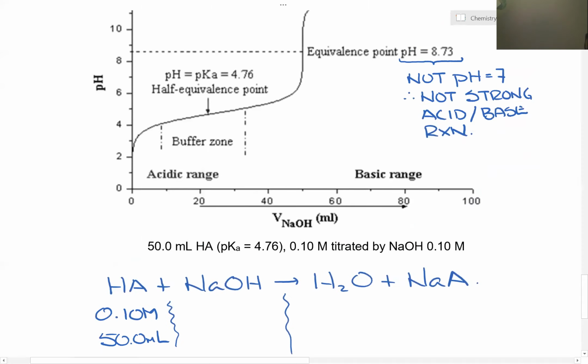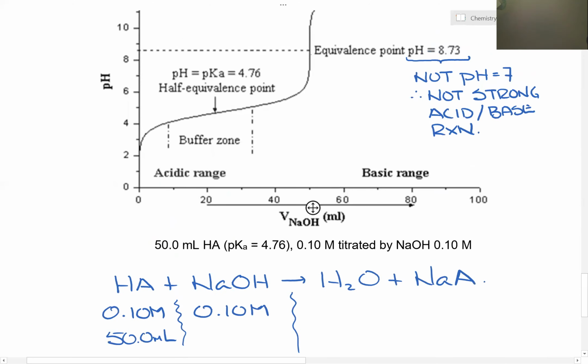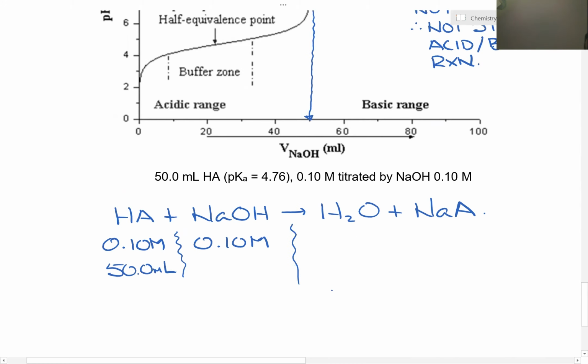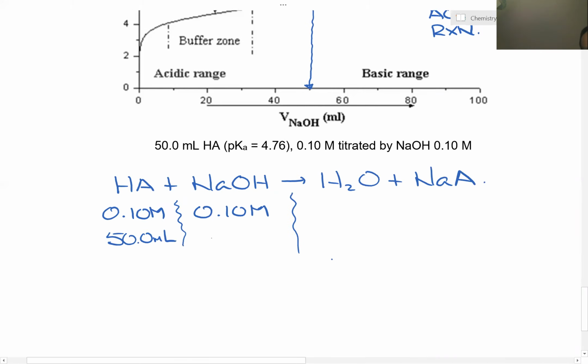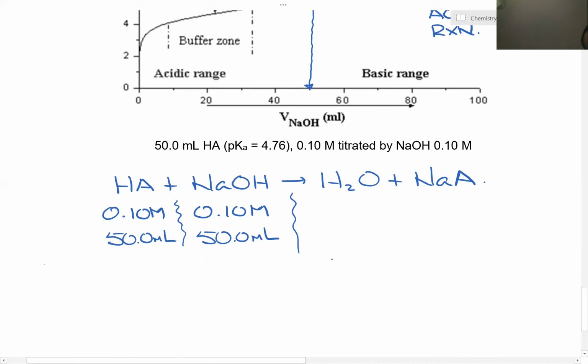For the NaOH, we also know it is 0.10 molarity, and if we look straight down here, we find that it also took 50 mL. Now let's figure out the number of moles.